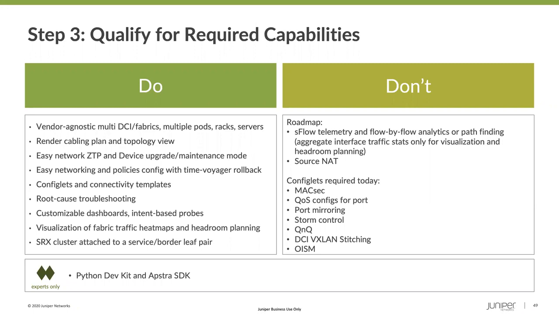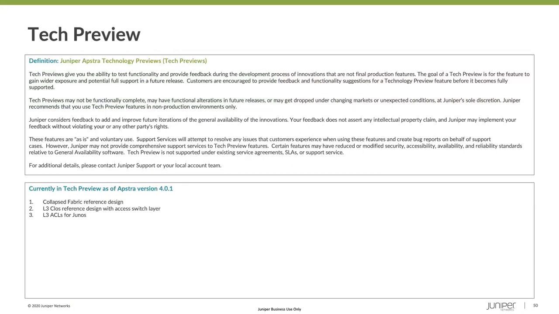And what is also important to understand, I realize this is a quite small font, so you might not be able to read it, but if you go to juniper.net, for instance, and search for tech preview. This is something new, I think, for most people working with Juniper for many years. But it's common within other software companies such as Red Hat or Google, who have had this for a long time.